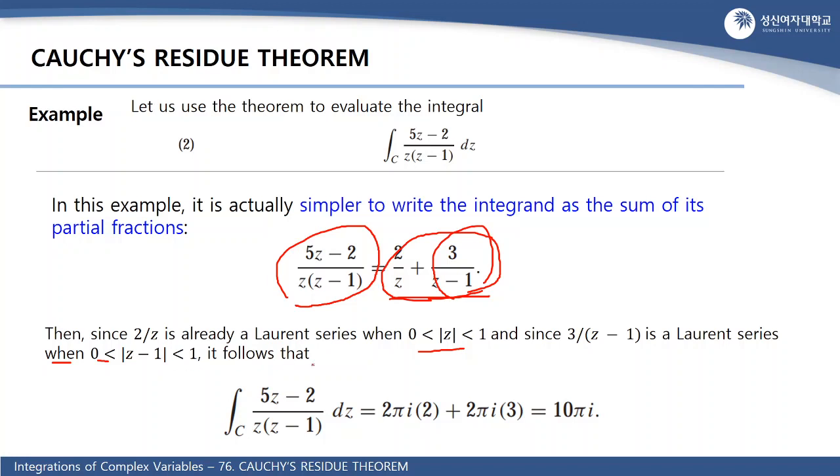So it follows that the integral can be computed by adding these two terms, 2 pi i times 2 plus 2 pi i times 3, which is equal to 10 pi i, which is quite simple. Okay.